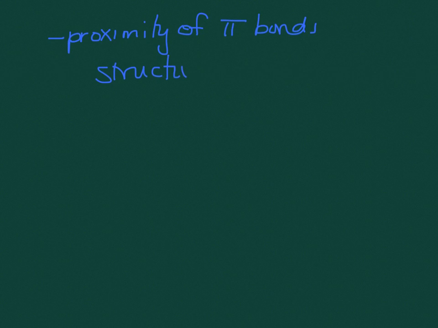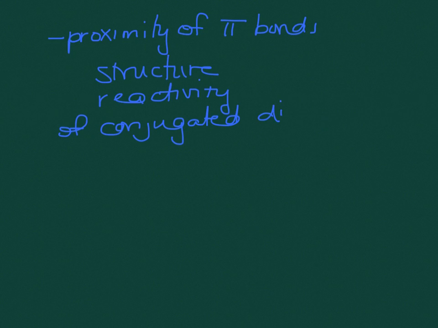Now, the proximity of the pi bonds is crucial to understanding the structure and the reactivity of conjugated dienes. Now, with a conjugated diene, you're going to look at the p orbitals.